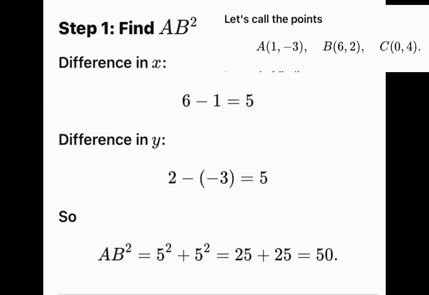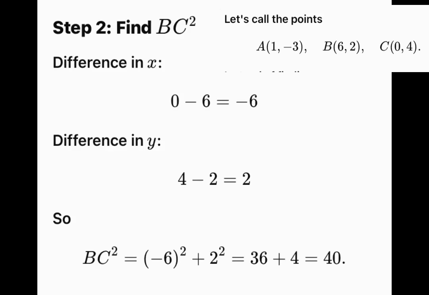Now, the difference in the x coordinates is 6 minus 1, which is 5, while the difference in y coordinates is 2 minus -3, which is 5. So, AB squared will be equal to the difference in x coordinates squared plus the difference in y coordinates squared, which is 5 squared plus 5 squared, giving us 50.